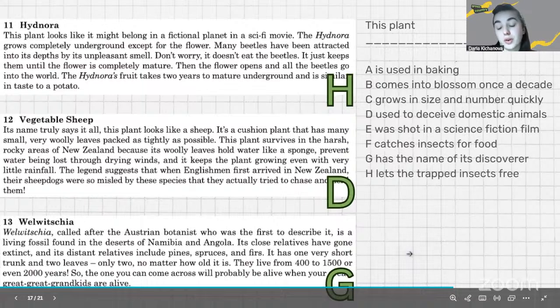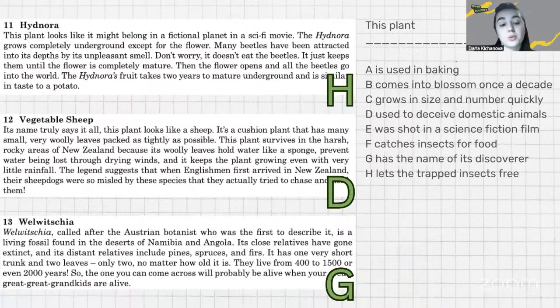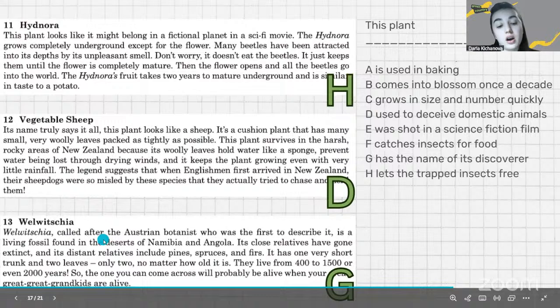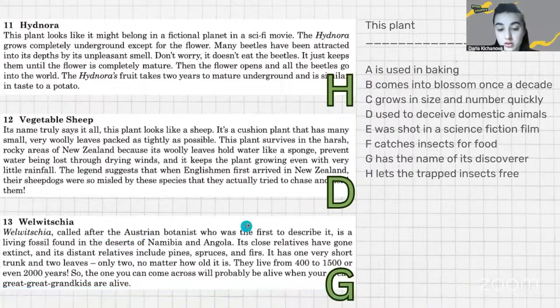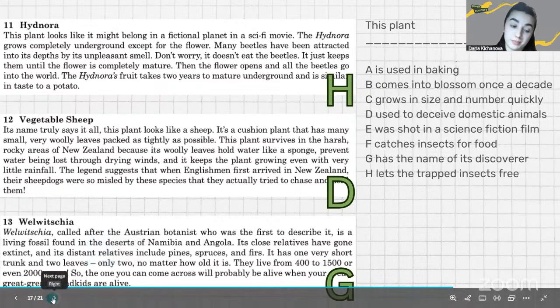And that is correct. Why? Because there we have a small detail that this flower, this plant, was named after the Austrian botanist who was the first to describe it. And the answer has the name of its discoverer. So I think it's easy, so we can just see that there were rephrased sentences that you need to find and to give the correct answer.